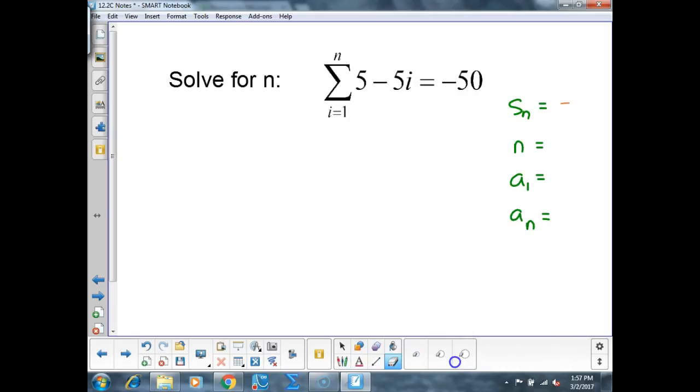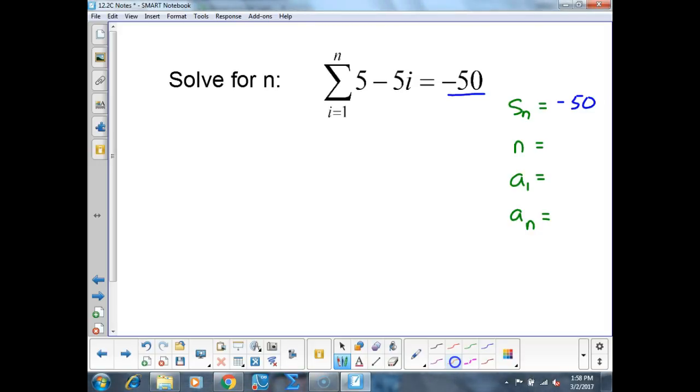It's negative 50. That's this part right there. This is what it's equal to. I don't know the number of terms. So that's just going to have to be n minus 1 plus 1, which is going to be n.